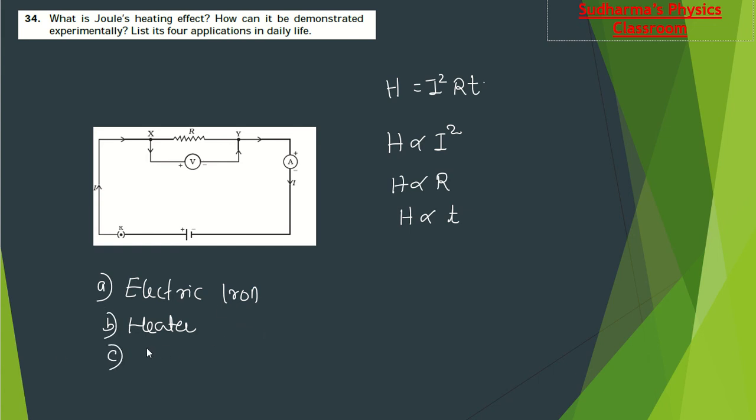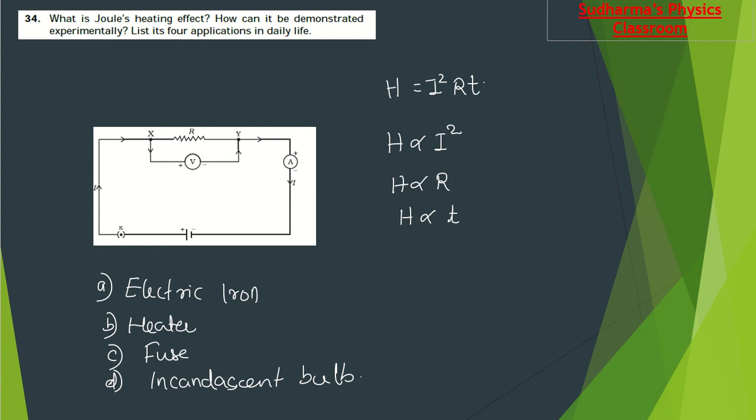Then fuse wire is a very important application. Then the 4th application we can say bulbs, incandescent bulb. Okay, if you find any other examples, you can message me in the chat box. They asked 4 applications in daily life.